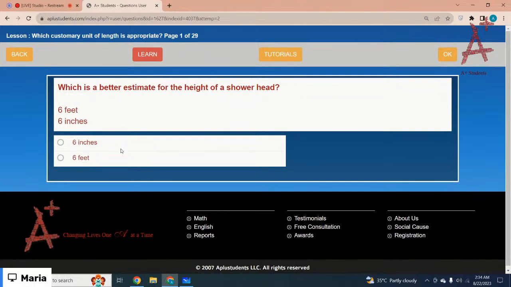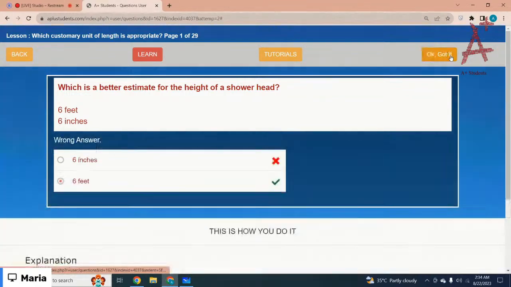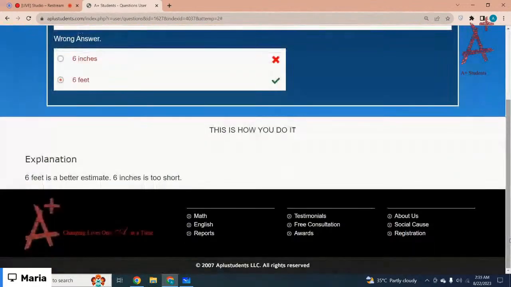It would be 6 inches, right? Because 6 feet is too long for just a shower head. 6 inches is too short. It would be 6 feet.